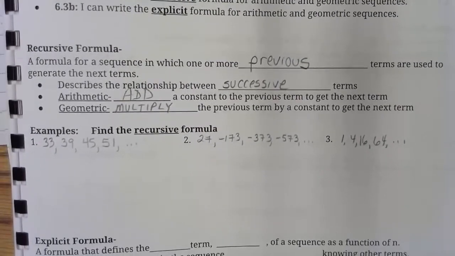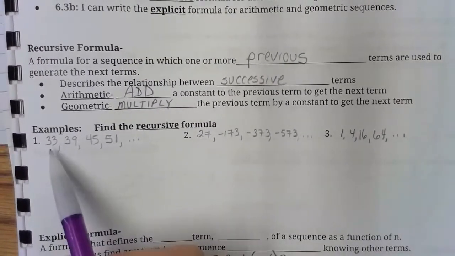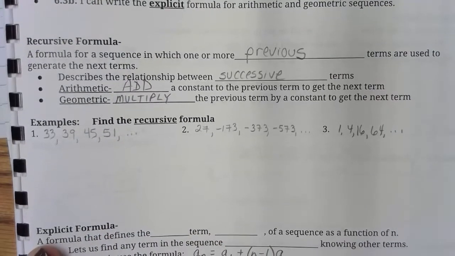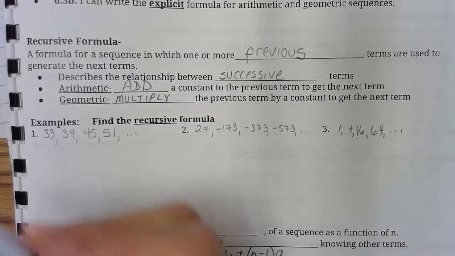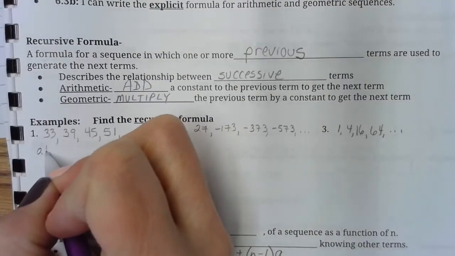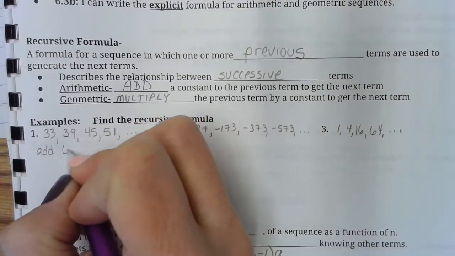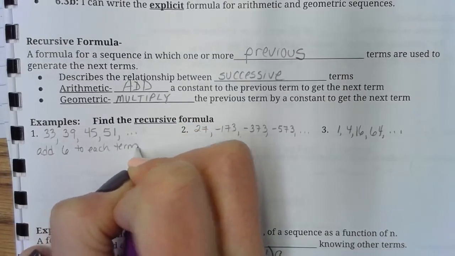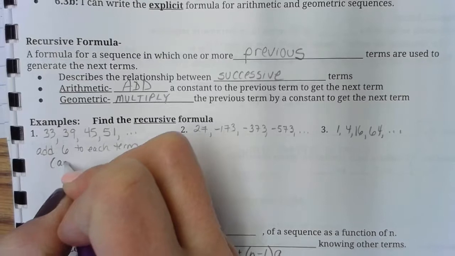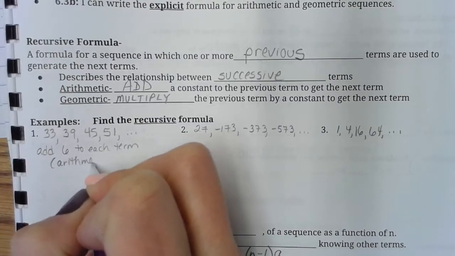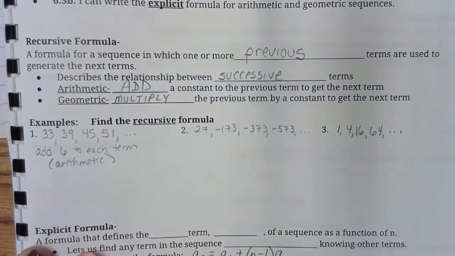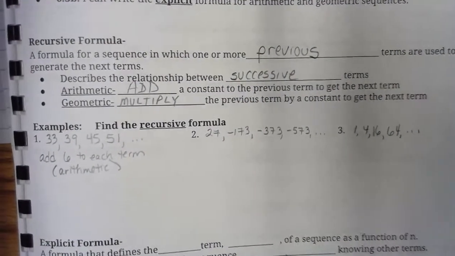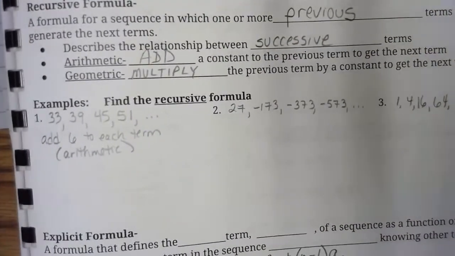So number 1, if we look from 33 to 39 to 45 to 51, if we try to decide what that relationship is, hopefully we see that we're adding 6. That makes it an arithmetic sequence. So I'm going to try to zoom in on this, so if I lose you guys, I'm sorry.